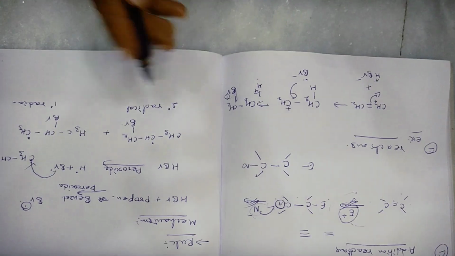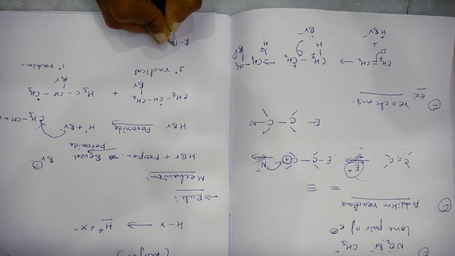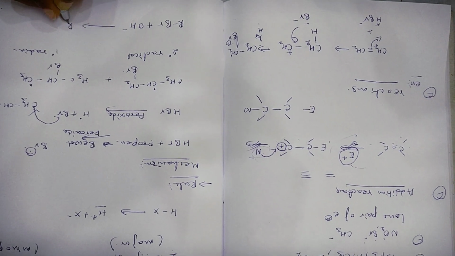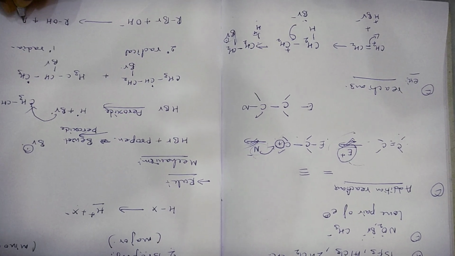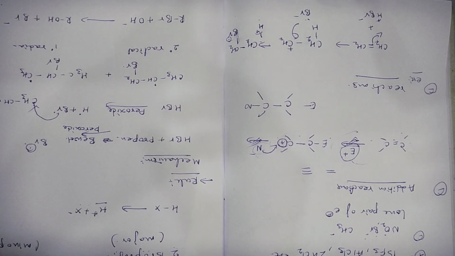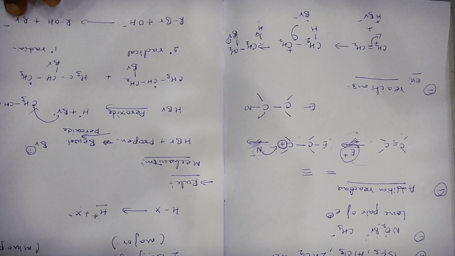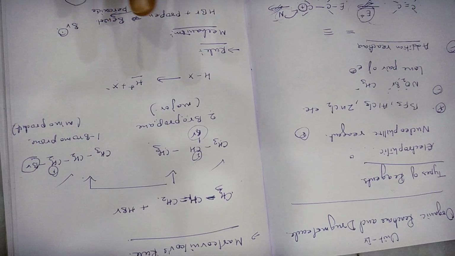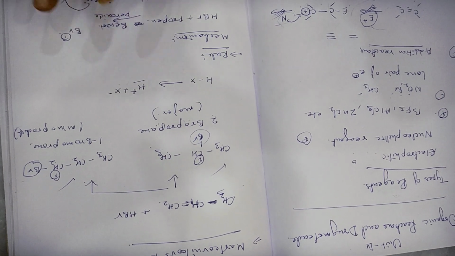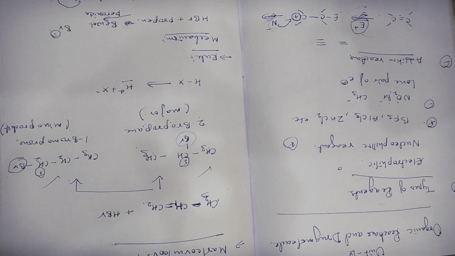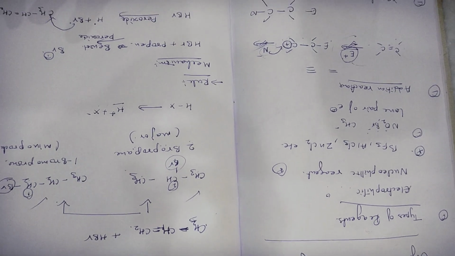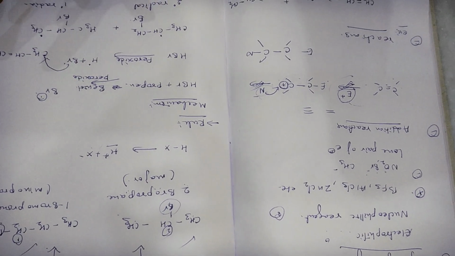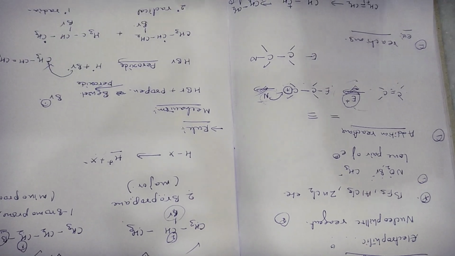For example, RBr plus OH minus gives ROH plus Br minus. So this kind of reaction and mechanism is seen alongside the Markovnikov rule. Nucleophilic reactions undergo two different substitution reactions, that is unimolecular nucleophilic substitution reaction and bimolecular nucleophilic substitution reaction.